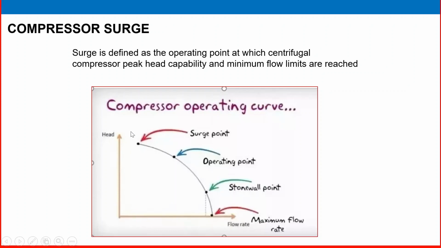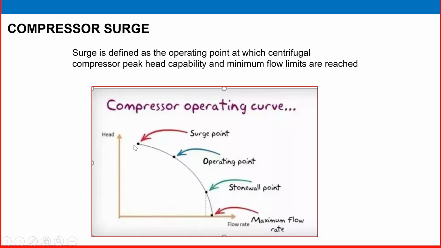So at this point surging is happening. Another operating point is mentioned in the graph, with moderate pressure and moderate flow, and that is the safe point to operate a compressor.